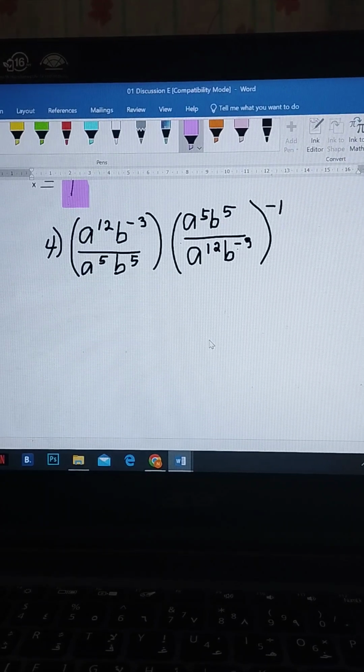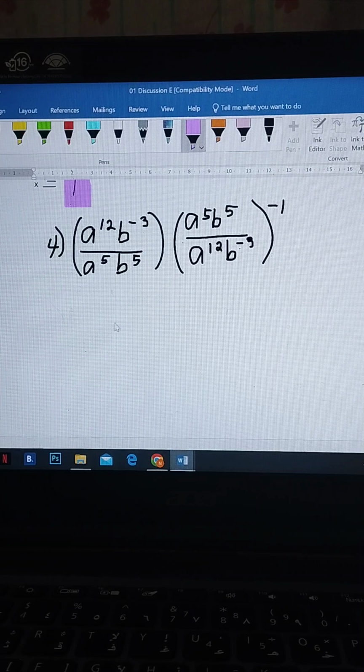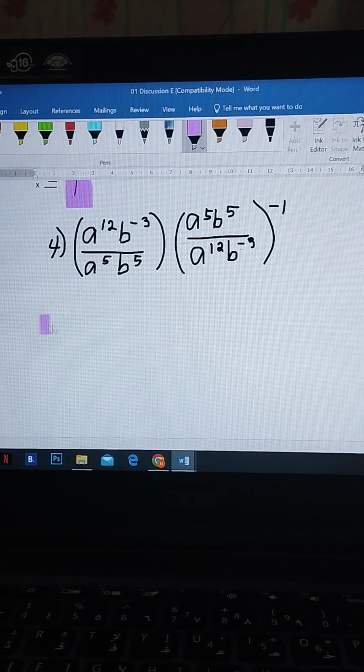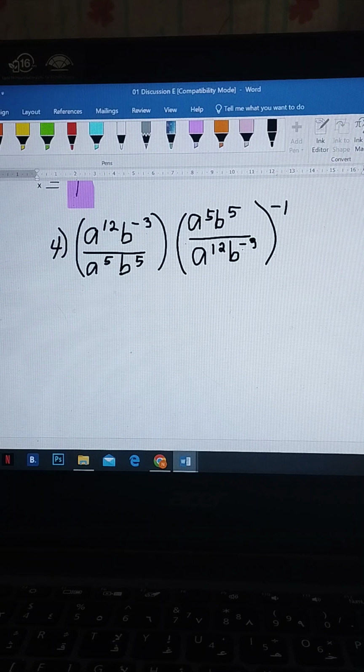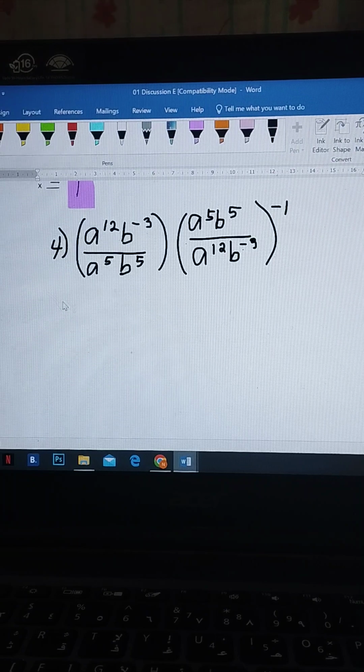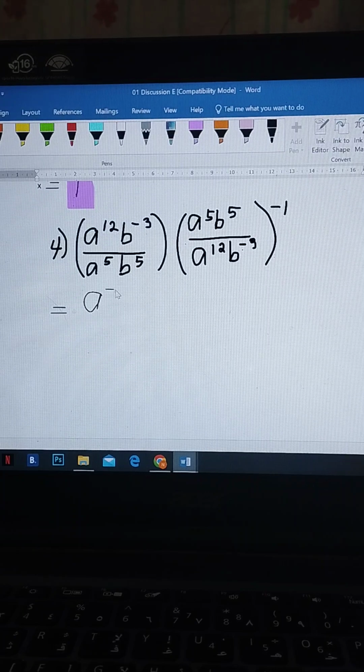Okay, so next is number 4. We will just simplify what is inside the parentheses. Okay, so a raised to 12 all over a raised to 5, that is a raised to 12 minus 5. So that is equal to a raised to 7.